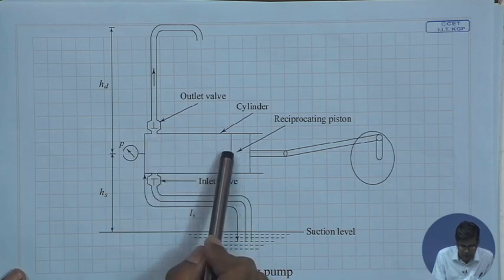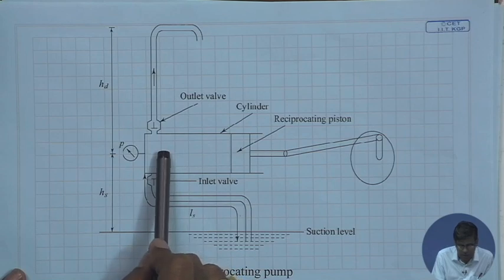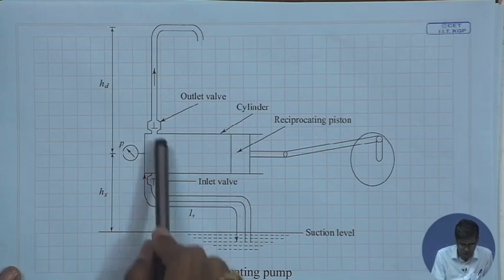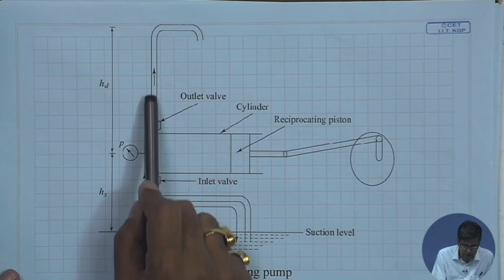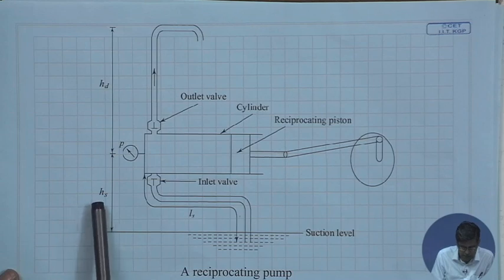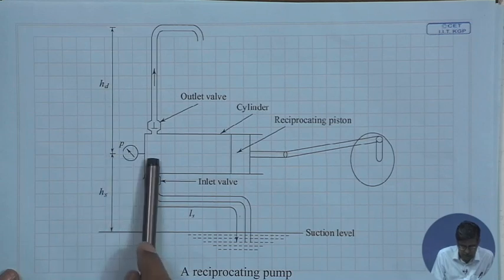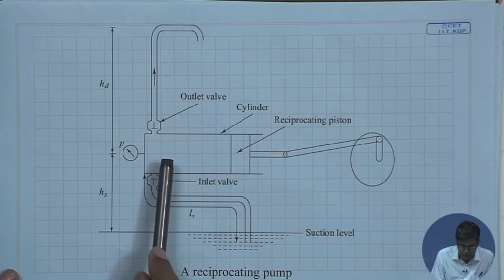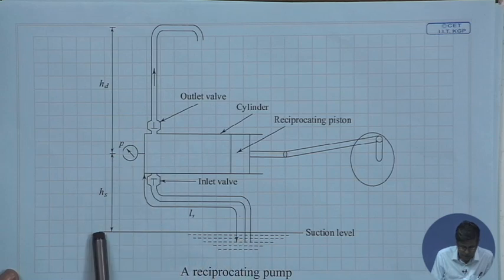And then during the stroke towards the inner dead center position, the fluid at high pressure is discharged through this pipe. This is the suction lift, known as HS, which is the height of the center of the pump cylinder from the lower reservoir.